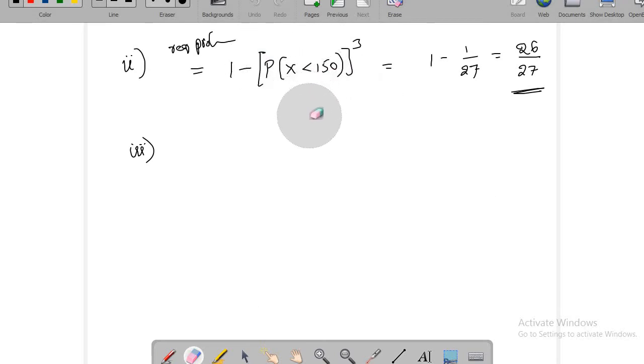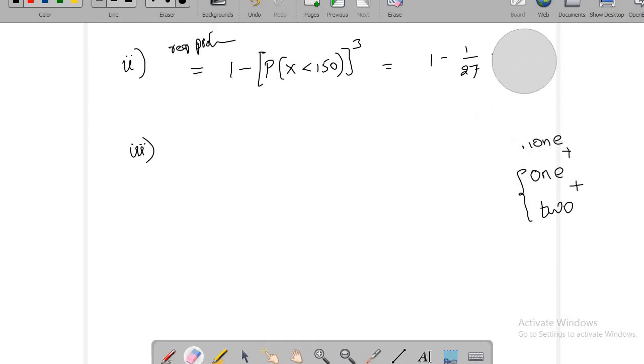If I take 1 minus of this, then it is taking care of all these possibilities. The possibilities are none of the tubes are going to be replaced, only one of the tubes is going to be replaced, or only two of the tubes are going to be replaced. So it is taking care of all of them. But I don't want to take these two, 1 and 2.